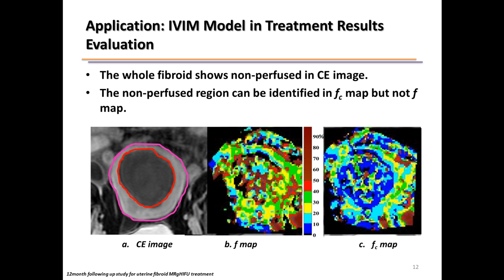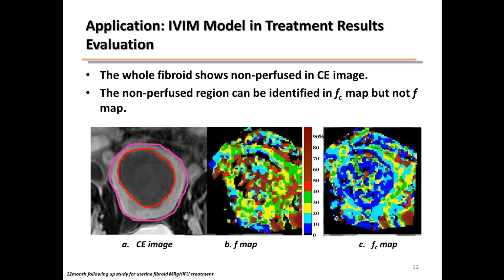Here is an example of a 12-month follow-up study for a HIFU-treated fibroid. The left image is the contrast enhanced image. In this image, the whole fibroid shows non-perfused, and the bright region surrounding the non-perfused volume is the enhancing myometrium.